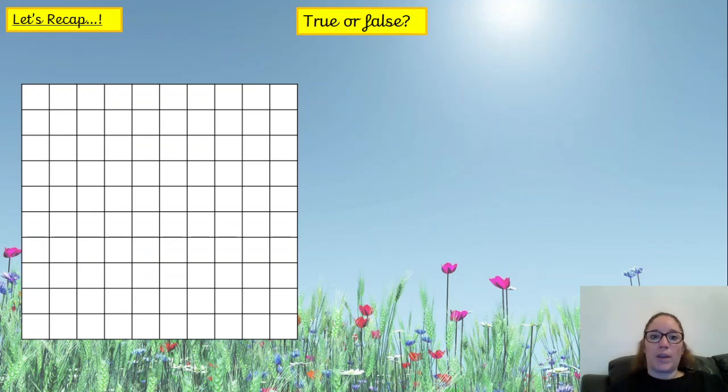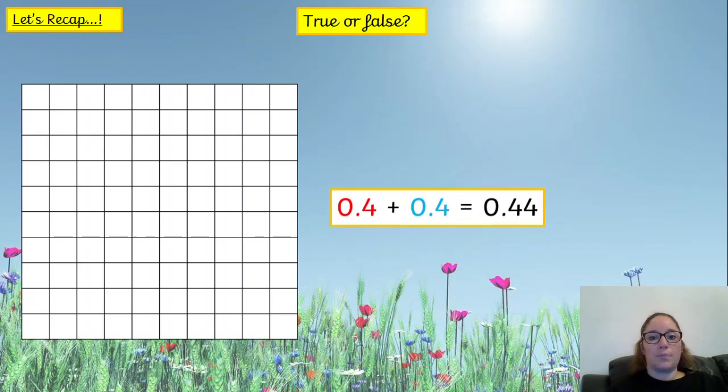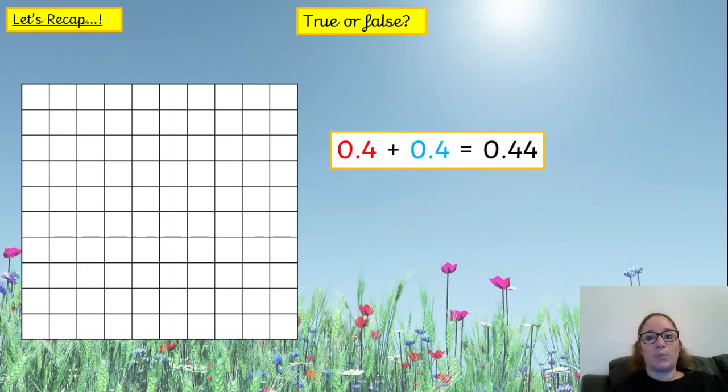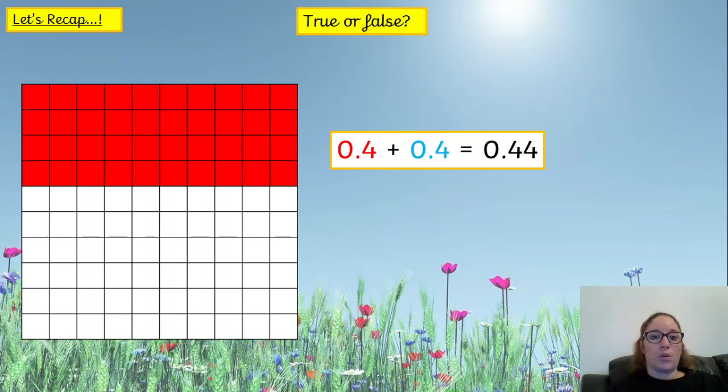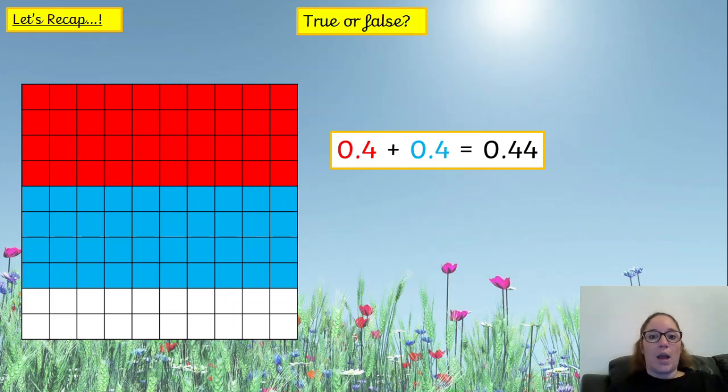Okay, so quick recap. True or false? 0.4 plus 0.4 equals 0.44. Well, we've got 0.4 and then we're going to add another 0.4, and we know that 0.4 is the same as 4/10.